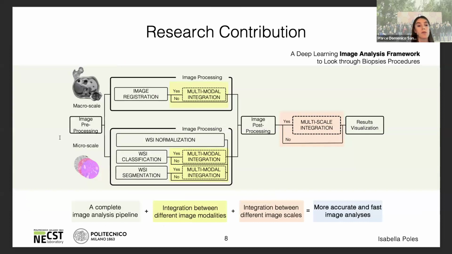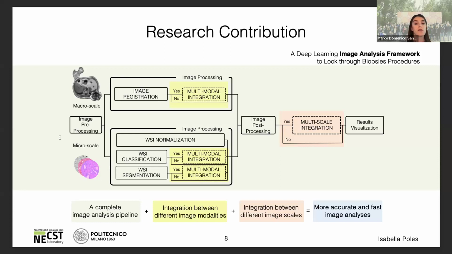In particular, my pipeline starts at the macro scale with the image registration step and then goes down into the microscale through several image processing steps. But the key aspect of this work is to focus on the multimodal and multiscale integration of the image analysis.